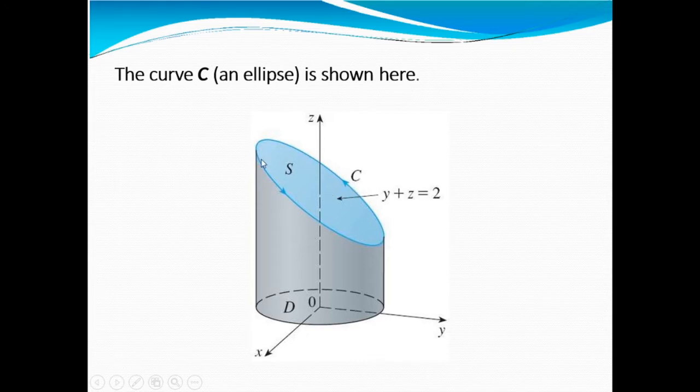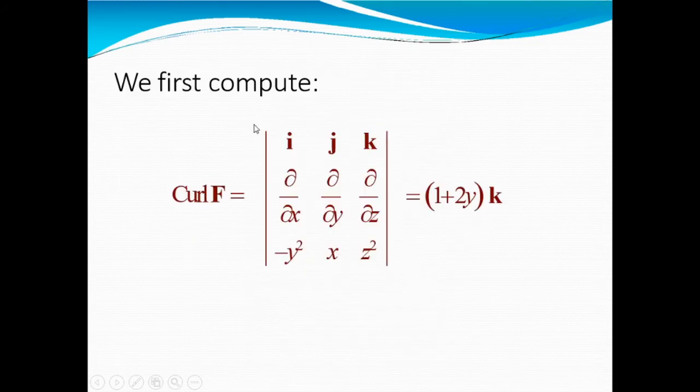The equation of curve C is y plus z equal to 2. These are the three axes in all three directions, x, y and z. O is the origin, d is the diameter, and S is the surface area covered by the curve C.